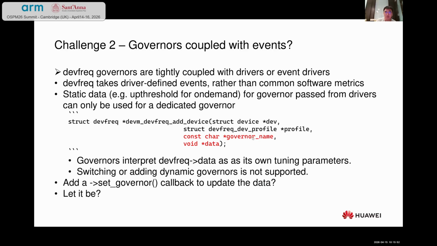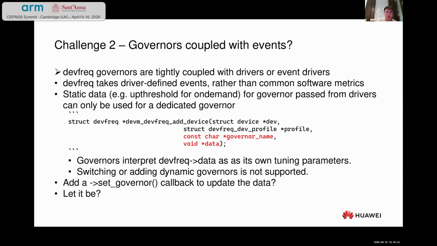The device driver registration API has a suggested governor and dedicated data for the governor passed through it, and the governor interprets the driver data as its own tuning parameters, like the up threshold on demand.